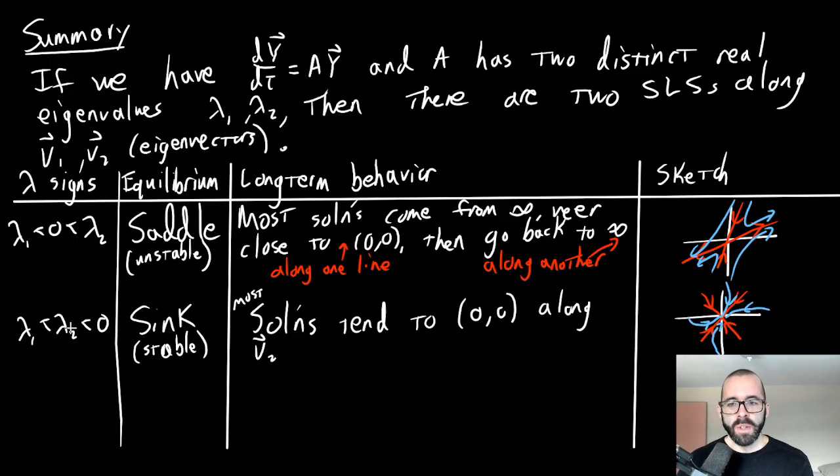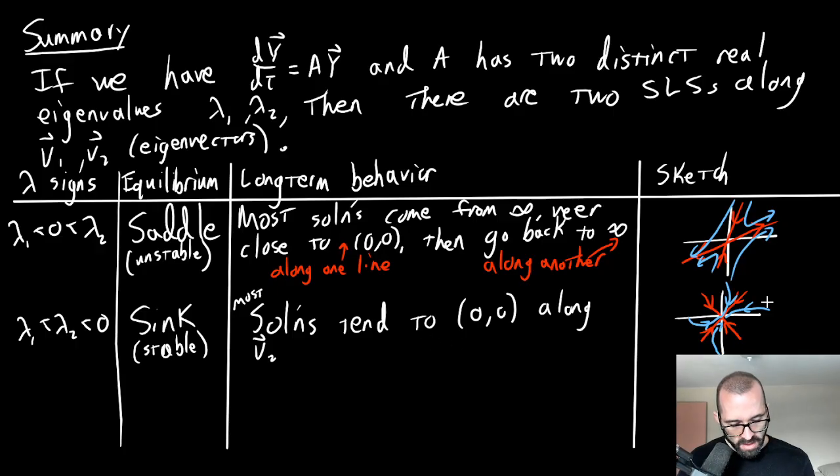So it's always the eigenvalue that's closer to 0. Because the bigger eigenvalue, this is a bigger negative, the bigger eigenvalue disappears really quickly. So most of the time you're going along the eigenvector that has a weaker eigenvalue in a sense.